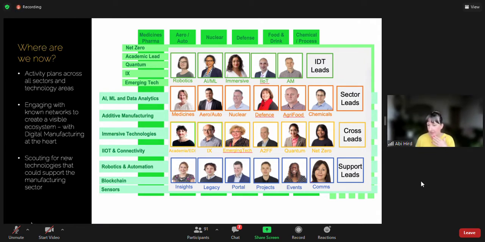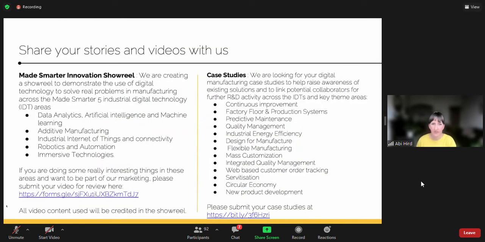There's so much awesome work going on around Made Smarter innovation in the UK, around technology development. The portal is going to be a way of sharing stories. Our community will be a way of sharing stories. So do please get in touch if you've got a story to tell, either by sharing one of these links or just by getting in touch with us directly.